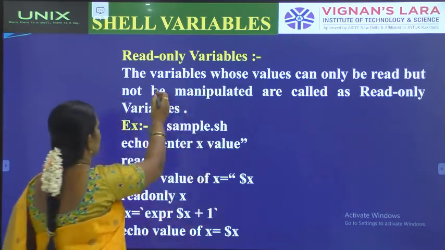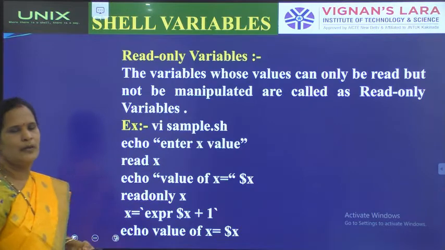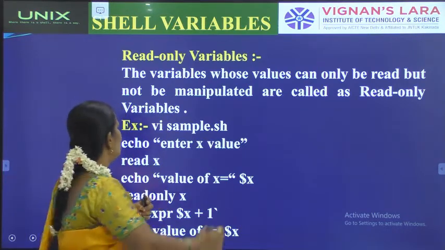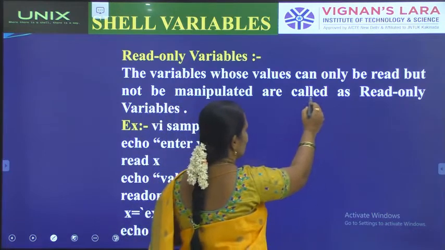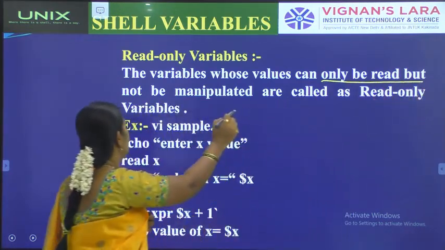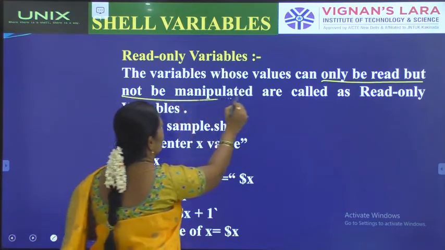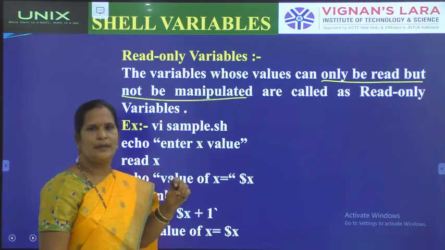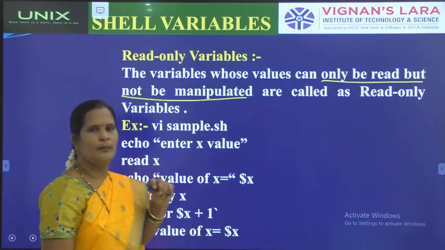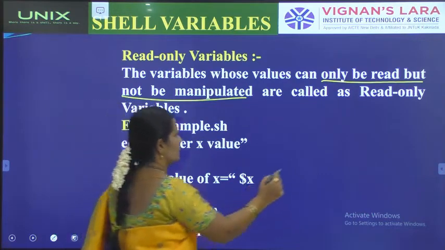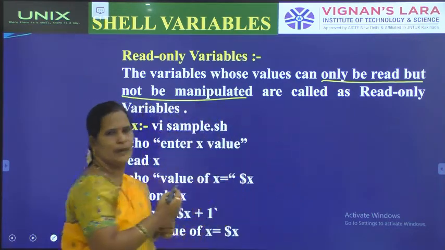Observe, within the name only, read only variables means we cannot manipulate the value of that variable. The variables whose values can only be read but not be manipulated are known as read only variables. I am taking a simple example program.